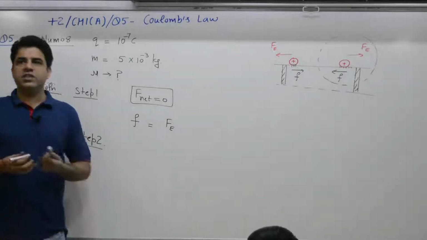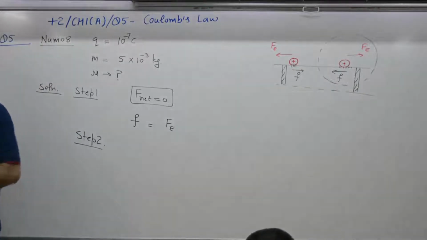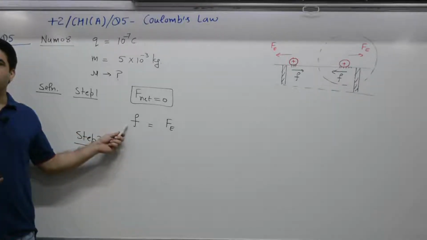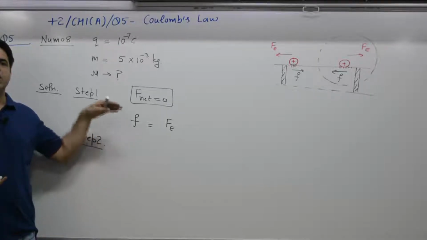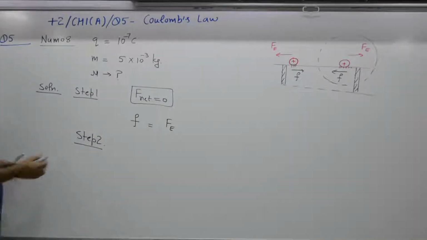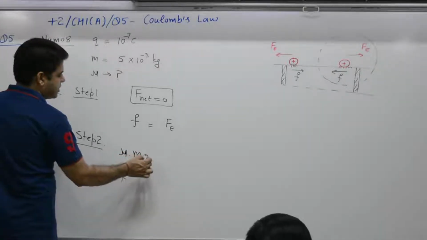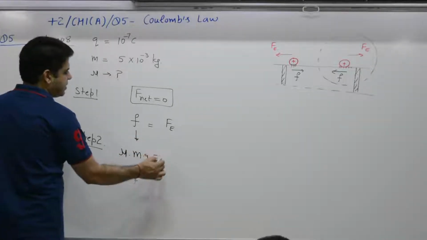Electric force is from the present chapter, chapter number 1a. Write formula for force of friction due to particle on a table: nu times R, nu times mg. Frictional force is nu times mg.